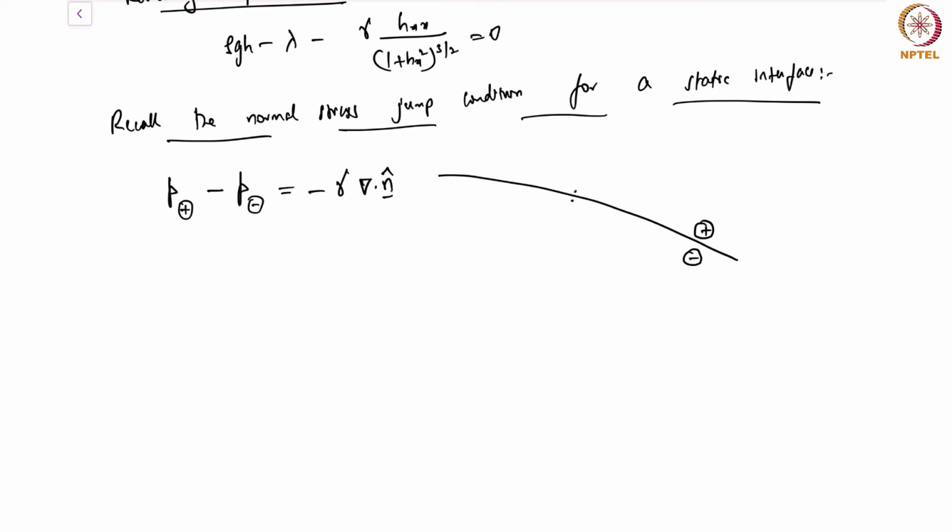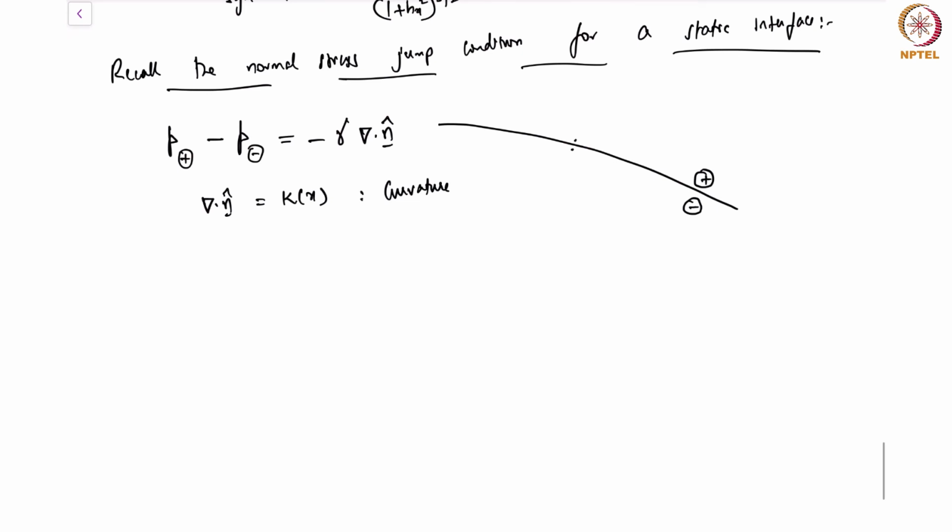Now this quantity del dot n is also the curvature. We had calculated the value of this quantity del dot n in previous lectures, in the expression of variational calculus that we're doing.